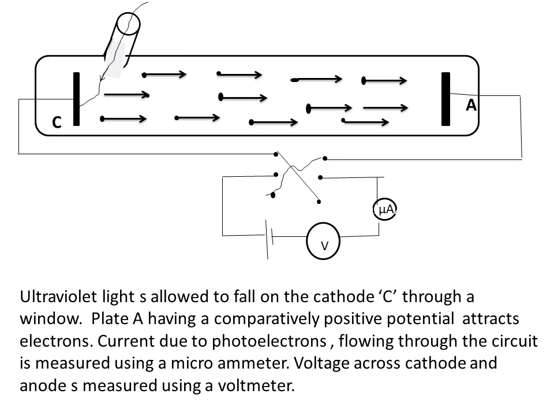This is the experimental setup to study photoelectric effect. We have an evacuated tube with a window through which ultraviolet light can be allowed to fall on the cathode C. Now photoelectrons are emitted and they are collected by the anode.